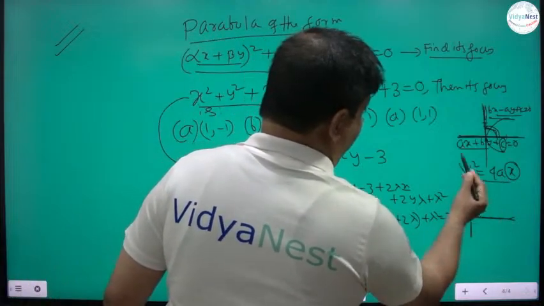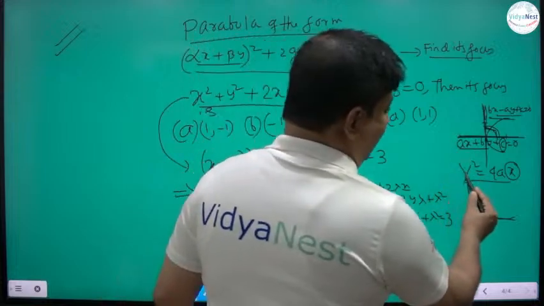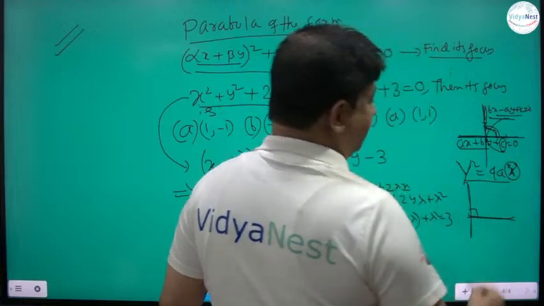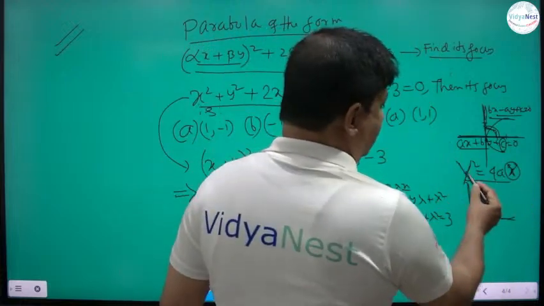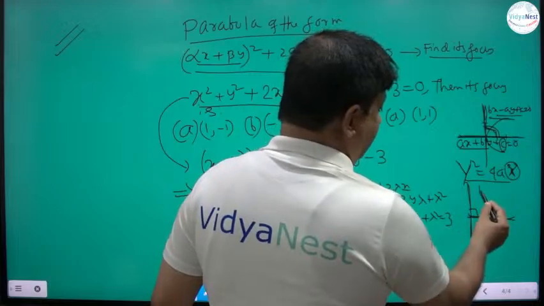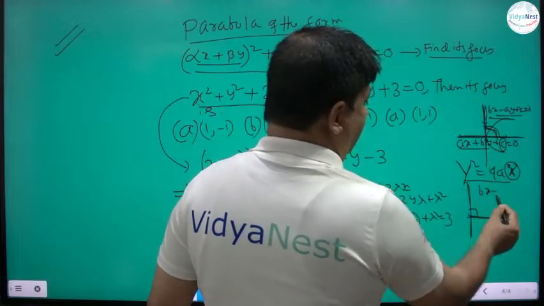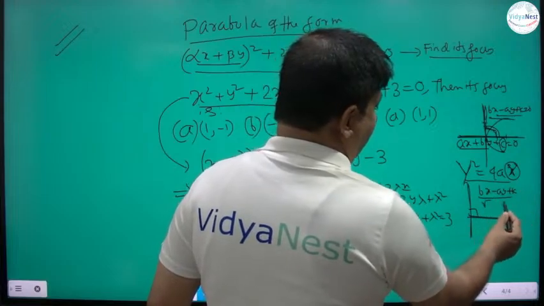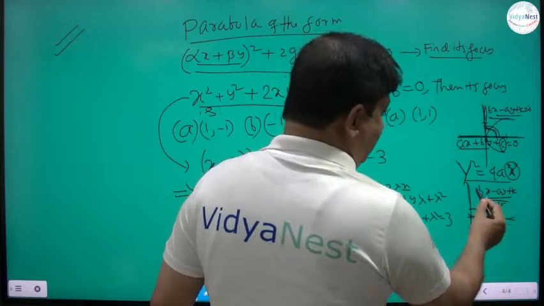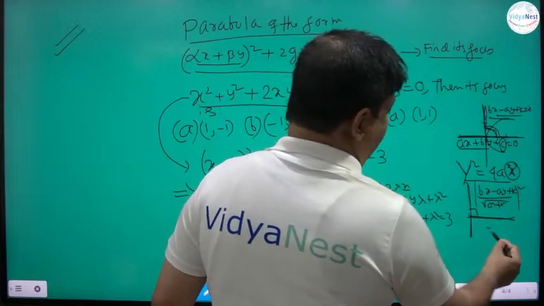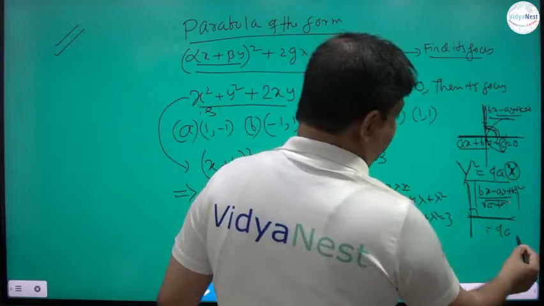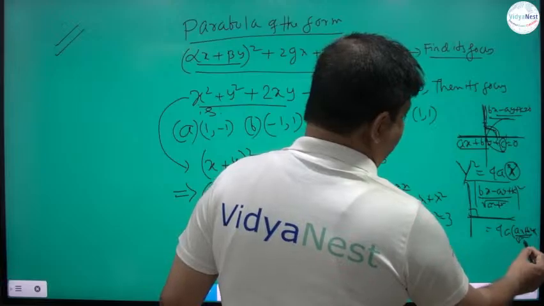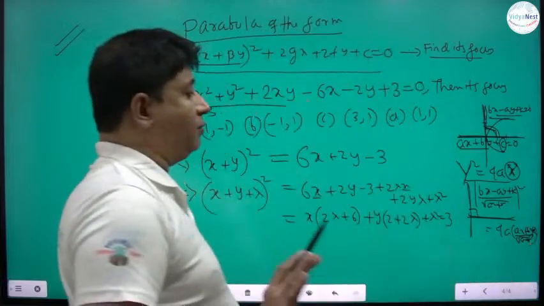Now, what is knocking at your door? Here you see, suppose the parabola you have got with respect to capital Y and capital X. Now capital Y is this, bx minus ay plus k, by root over a square plus b square, obviously by the distance formula, is equal to 4a times x plus by plus c by root a square plus b square. By the distance formula we get that.